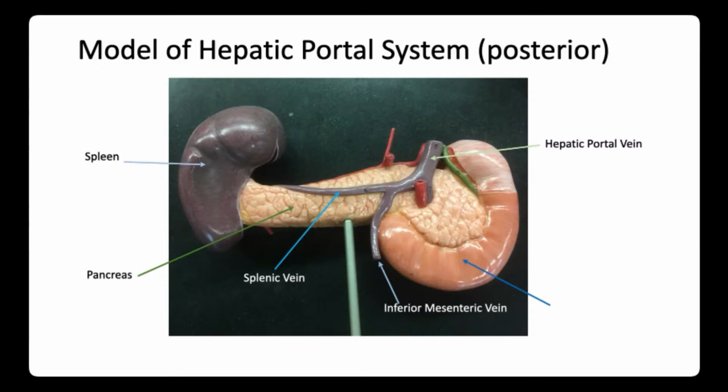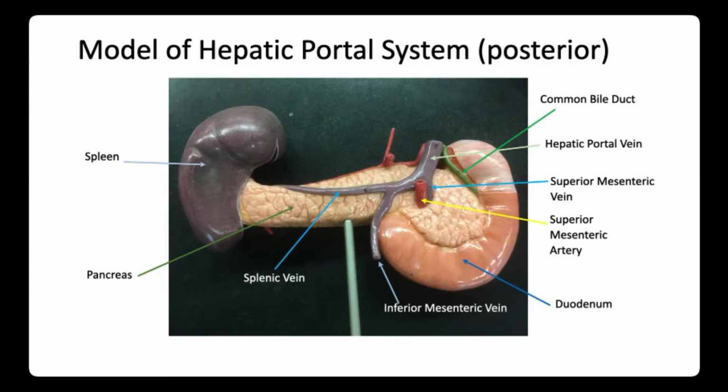Here. Yes. The duodenum. Here. That's right. Superior mesenteric artery. Here. Yes, superior mesenteric vein. Here. That's right.